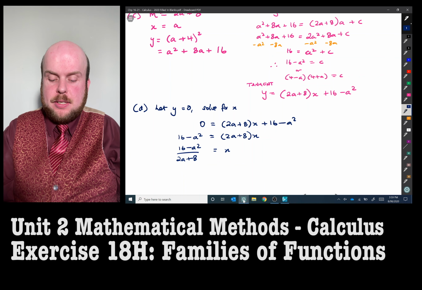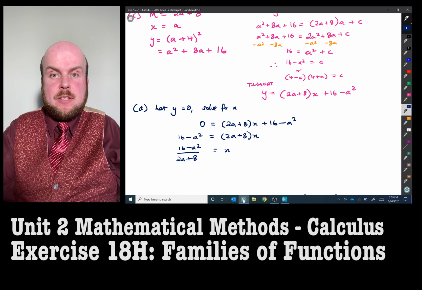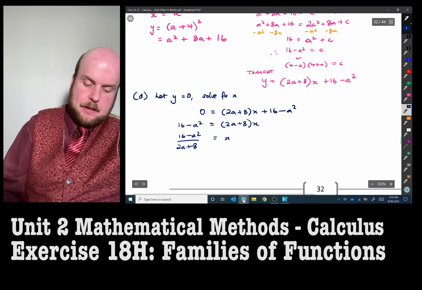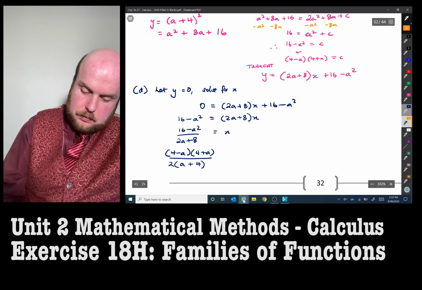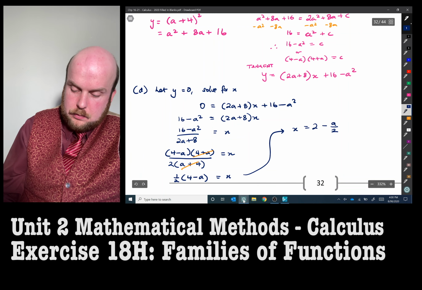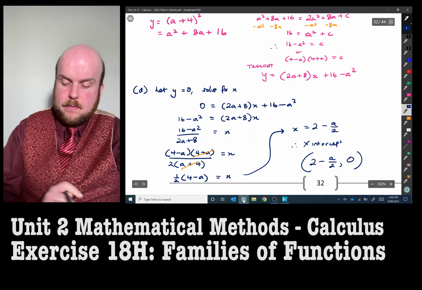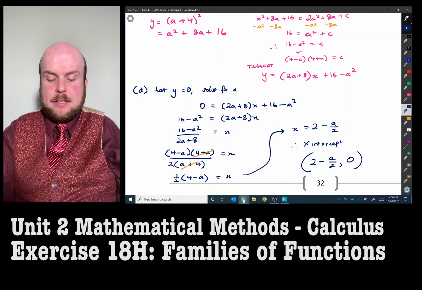However, I noticed that 16 minus a squared follows the rule of the difference of perfect squares, and I think I might be able to simplify this a little further. And now we have found the x-axis intercept by doing a simplification and putting it in coordinate form.